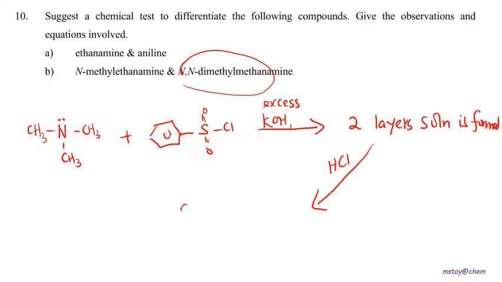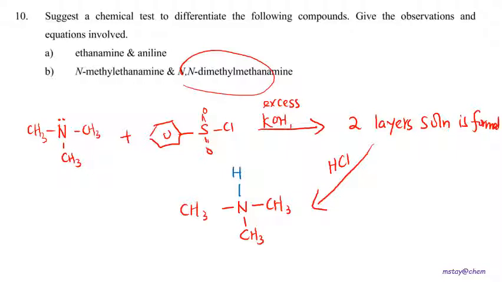So the HCl will react with the tertiary amine. The lone pair of electrons will donate to the hydrogen, and then form Cl. Basically, you can just roughly draw it like this.